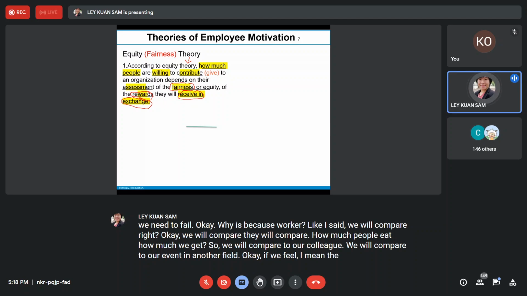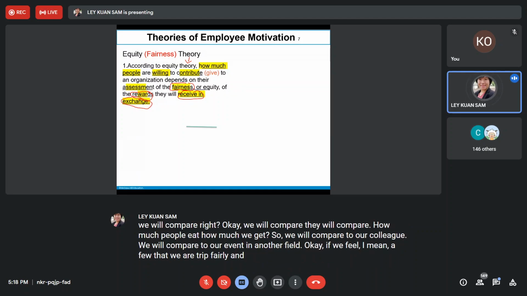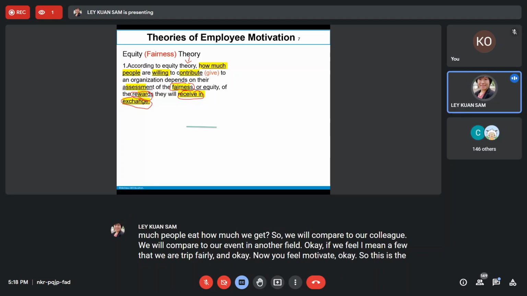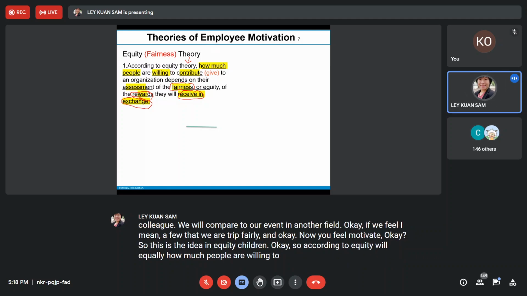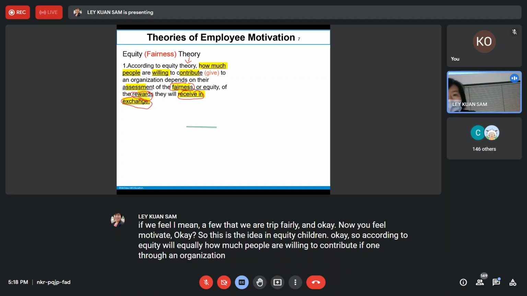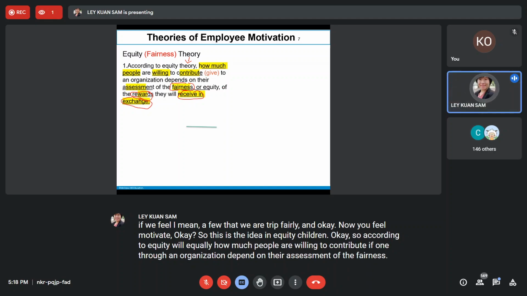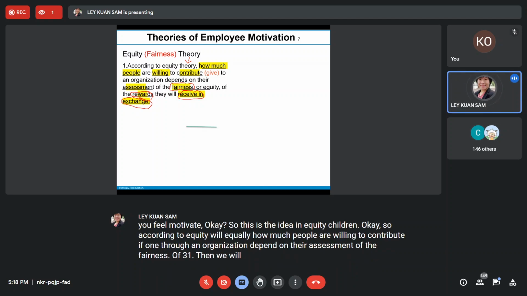If we feel that we are treated fairly, then we will feel motivated. So this is the idea in equity theory. According to equity theory, how much people are willing to contribute to an organization depends on their assessment of the fairness of the reward they receive in exchange.